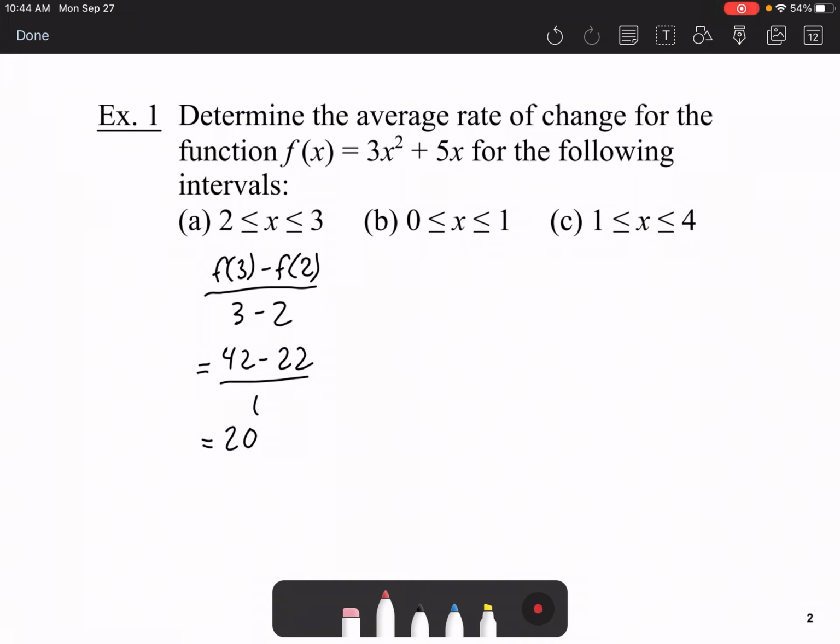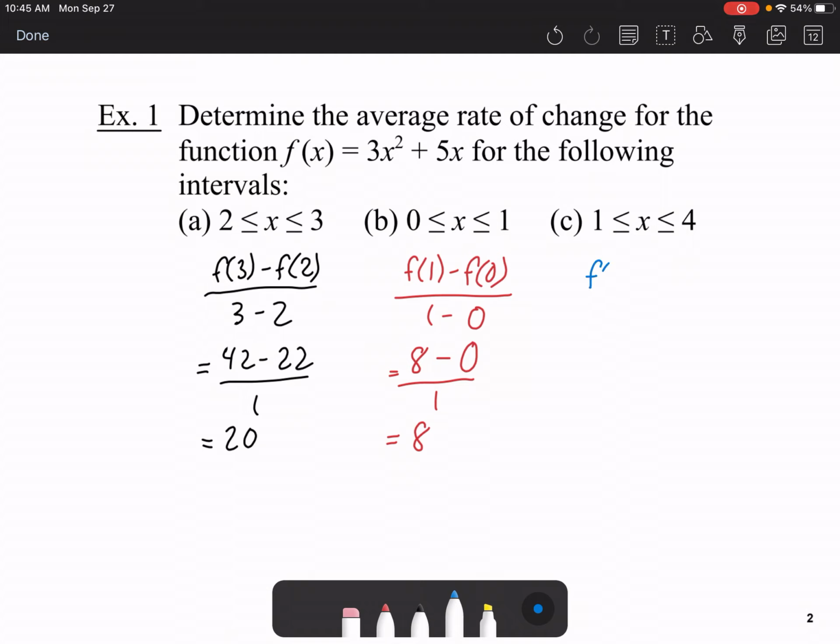Next one, f at 1 minus f at 0 all over 1 minus 0. This turns out to be 8. This one turns out to be 0 over 1. So that rate of change is 8. Let's calculate the last one.